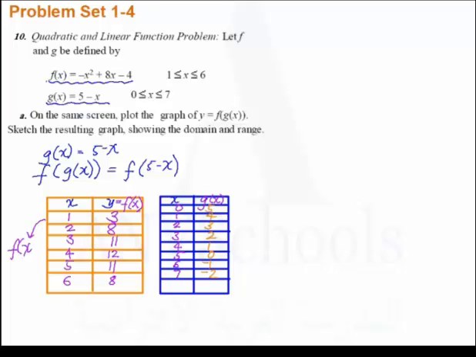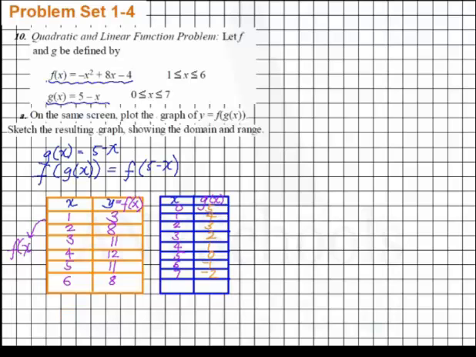Now we are going to graph the g of x and f of x first. Actually I have already prepared the graph. Let's put it somewhere comfortable.